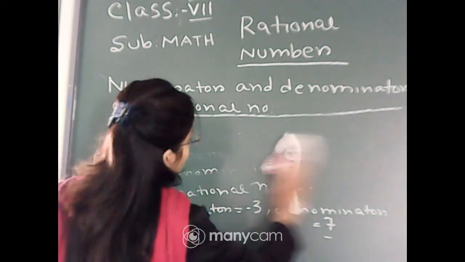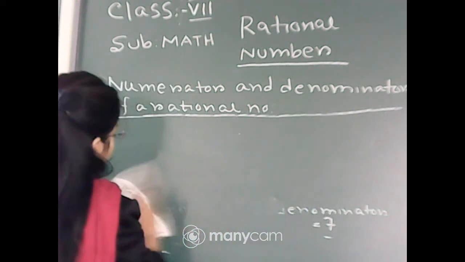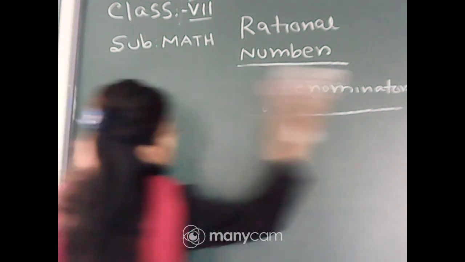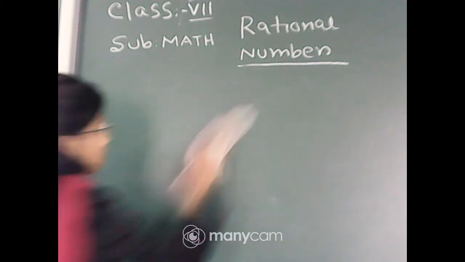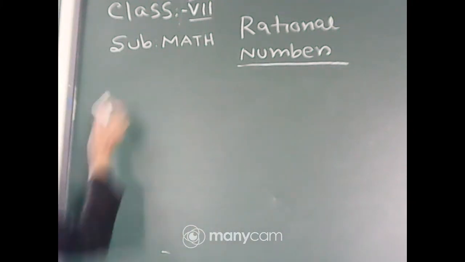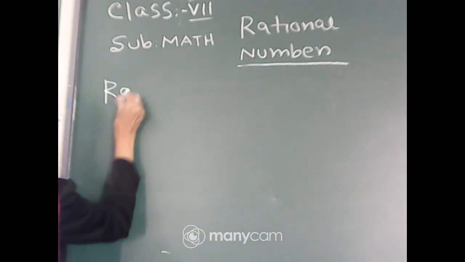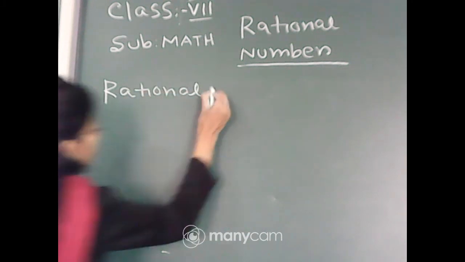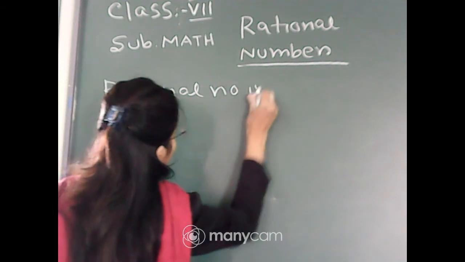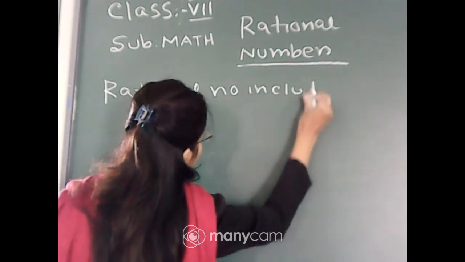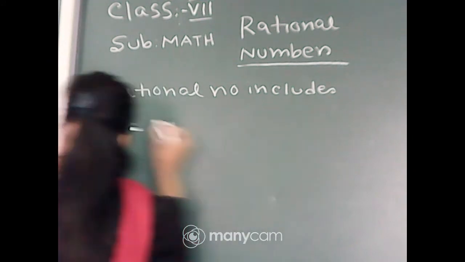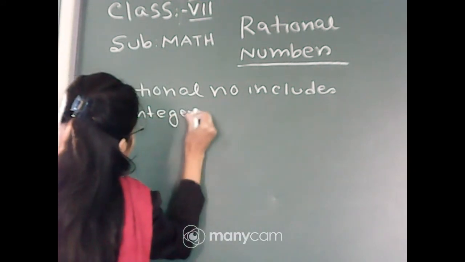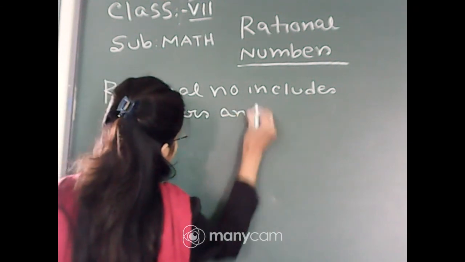Next topic is rational numbers include integers and fractions.